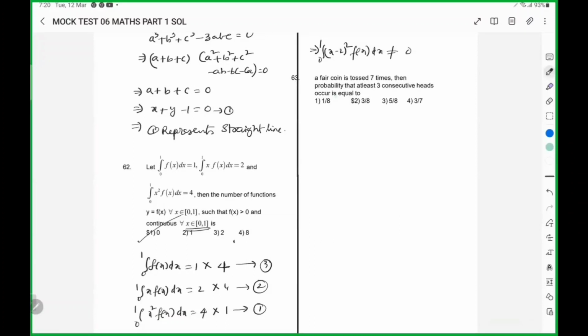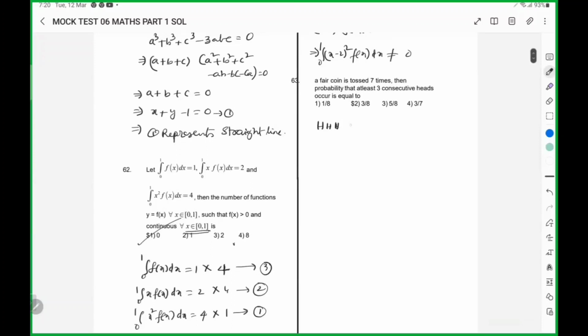If a fair coin is tossed 7 times, then what is the probability of at least 3 consecutive heads? When it is tossed the first 3 times, we can get heads continuously or different possibilities will arise.